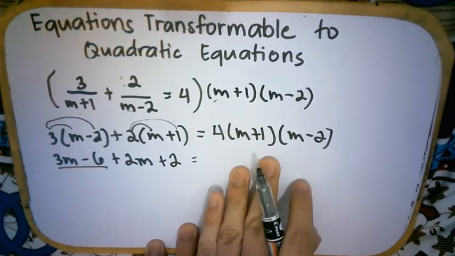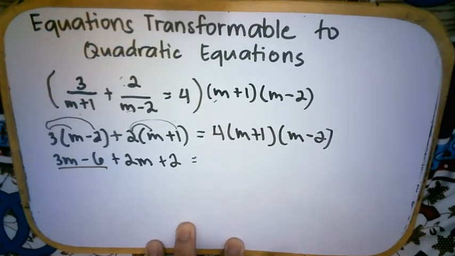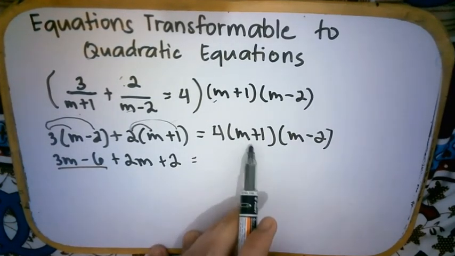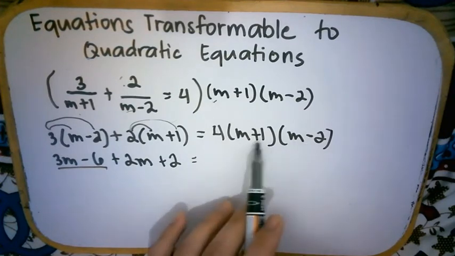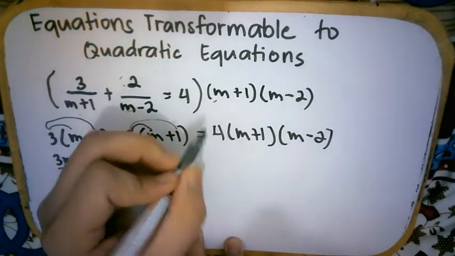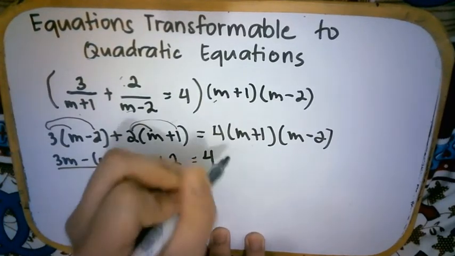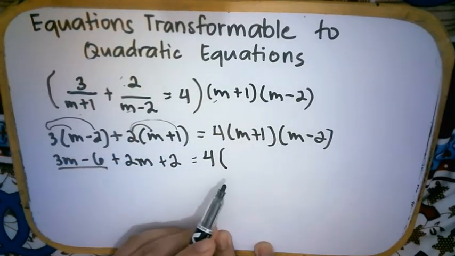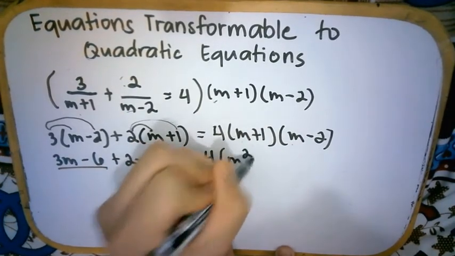On the other hand, here on the other side of the equation, my recommendation is, so, use first FOIL method. So, unahin muna tong dalawang binomial. And then, set aside muna natin yung 4. So, let's copy 4 and then do the FOIL method. Don't forget to write the quantity. M times m is m squared.